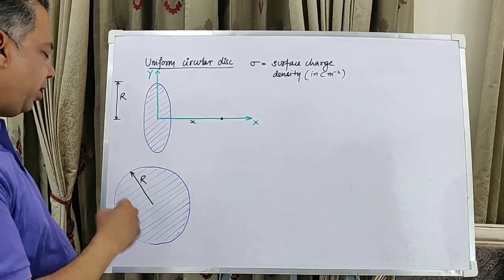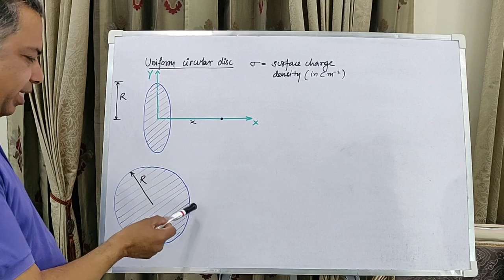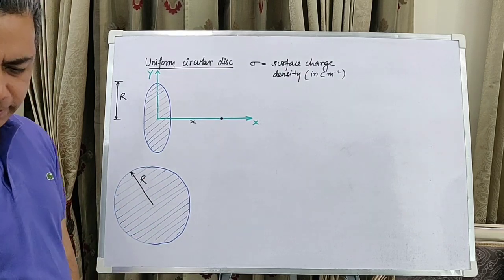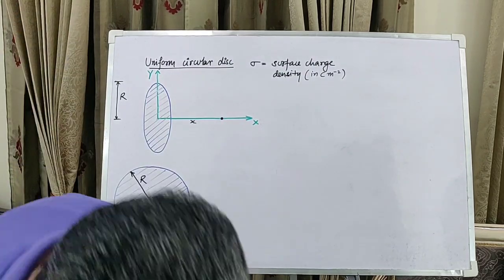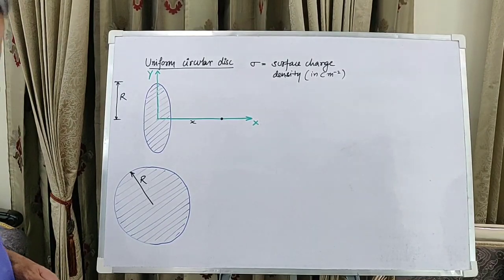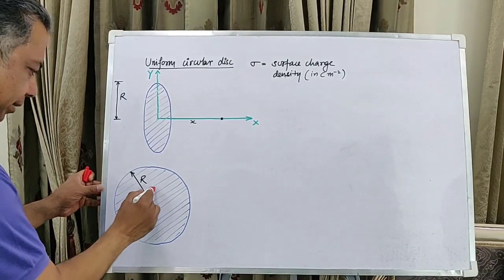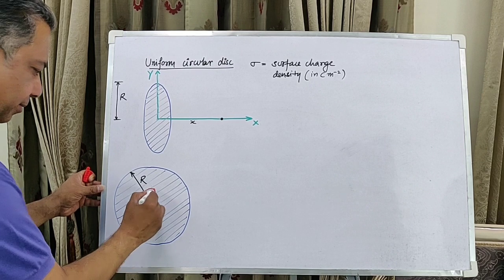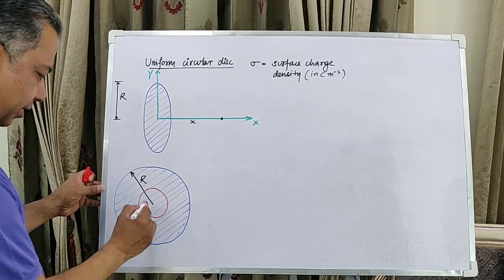What we'll be doing is, we'll think of this disk to be made up of lots and lots of rings. Think of a ring here, this one, for instance.